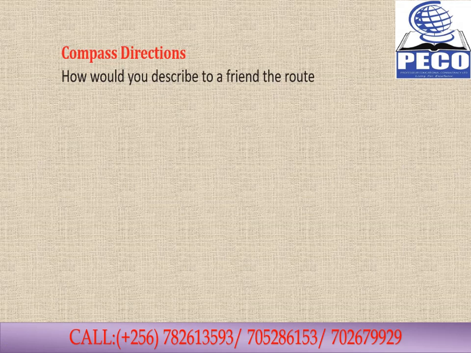And to understand this, I would just inquire, how would you describe to a friend the route from your home to the nearest trading center, assuming you're directing your friend on phone?